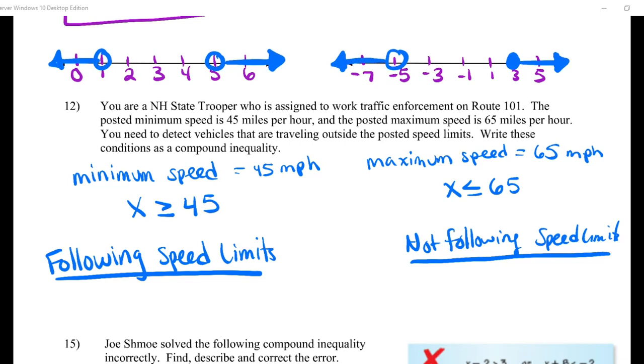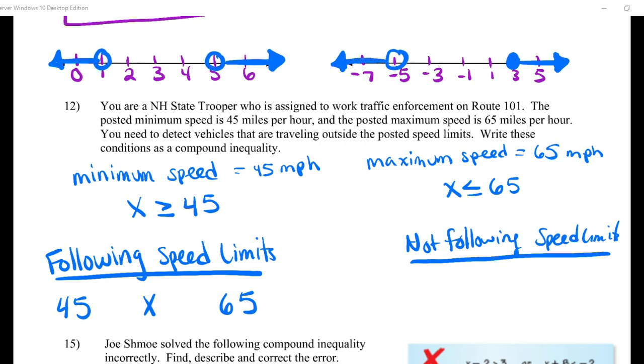People that are following, that you wouldn't get pulled over, could be traveling anywhere from 45 miles an hour to 65 miles an hour, including 45 and 65. So let's put the smaller value on the left, the larger value on the right, x in the middle.